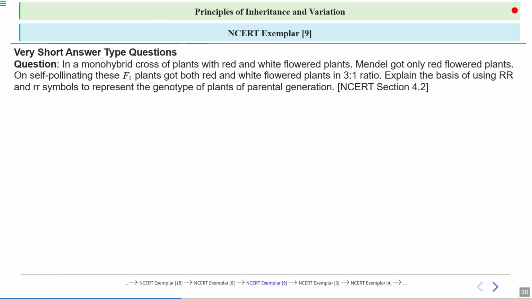The next question: in a monohybrid cross of plants with red and white flowers, Mendel got only red flower plants. On self-pollinating this F1 plant, Mendel got both red and white flower plants in a 3:1 ratio. You have to explain the basis of using capital R and small r symbols to represent the genotype of plants of the parental generation.